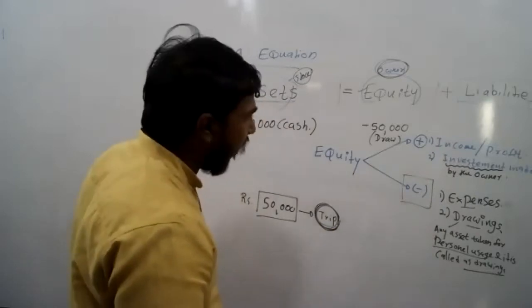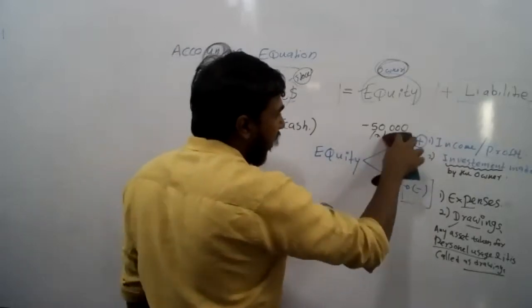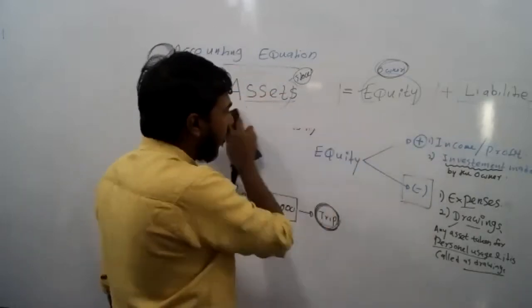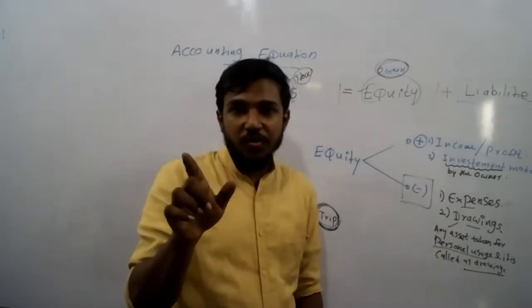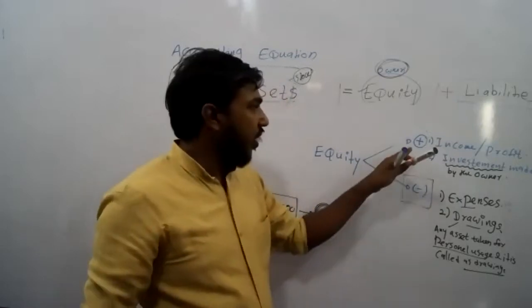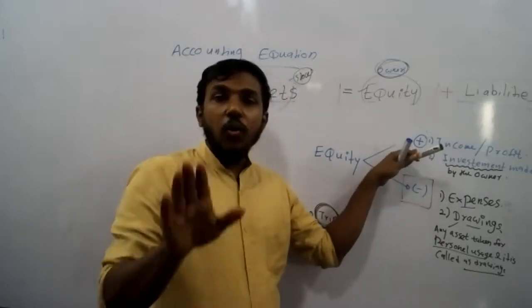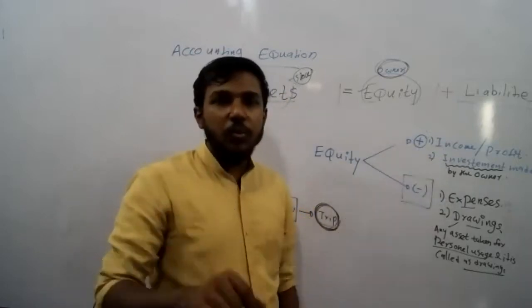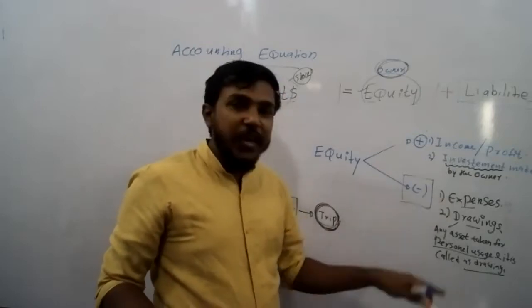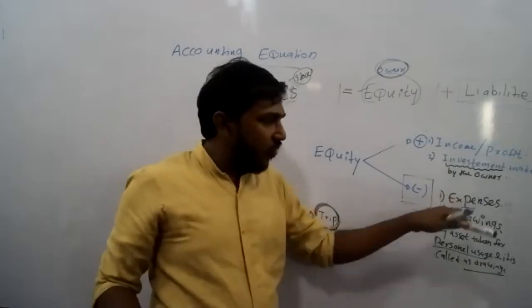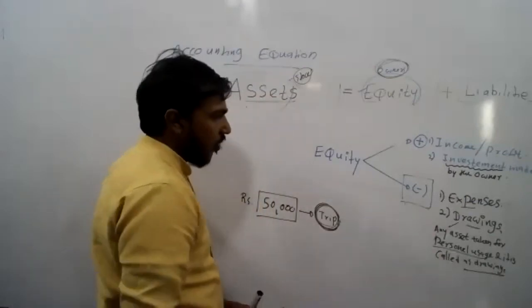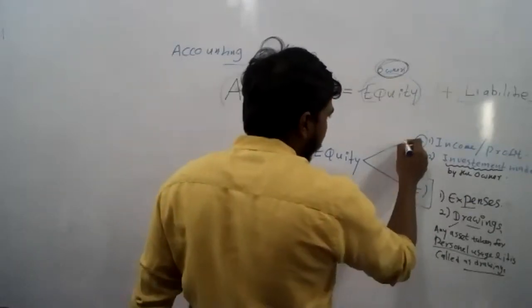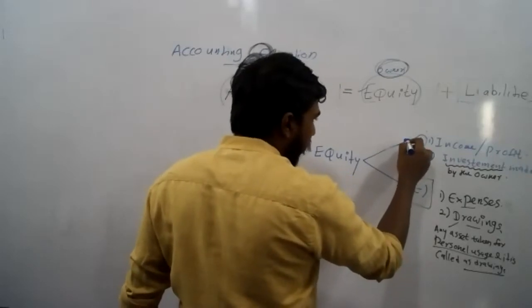So I will give you 1 minute, so you will have to take down this. Impact for equity, yeah? So hereafter we have to describe the transactions also. They have given you the transaction. If it is equity increase, could be only one of these two. Equity decrease could happen only because of expenses of the firm or drawings. You just take it down in your book, please.